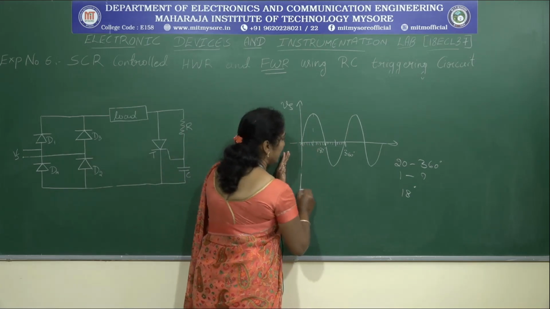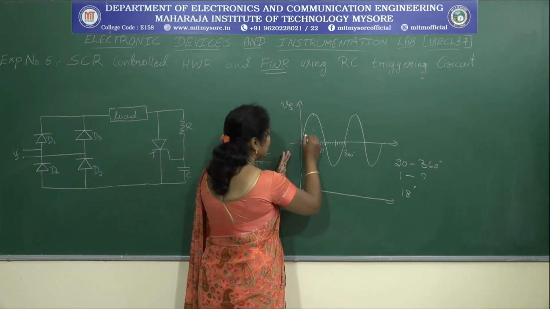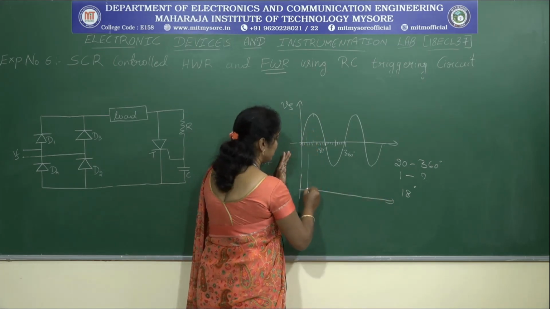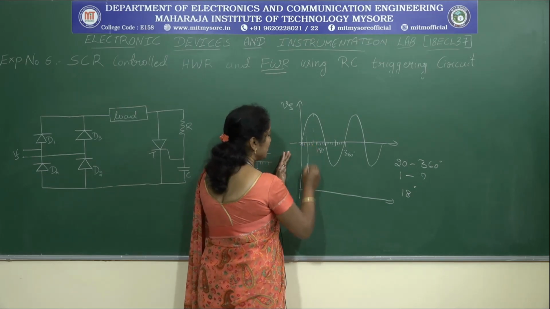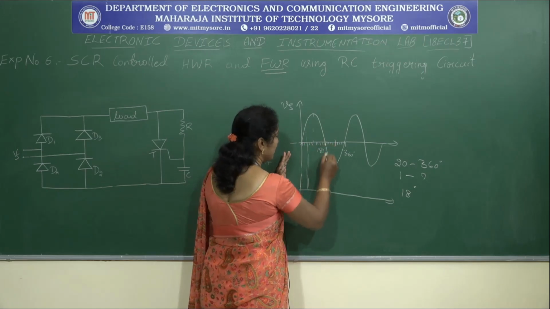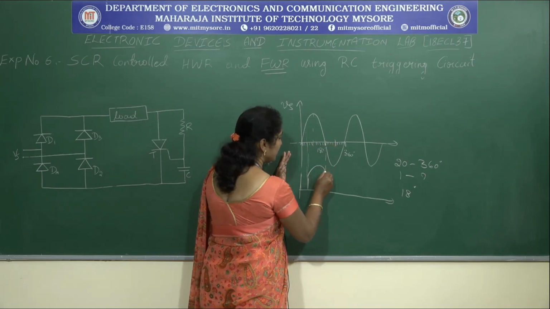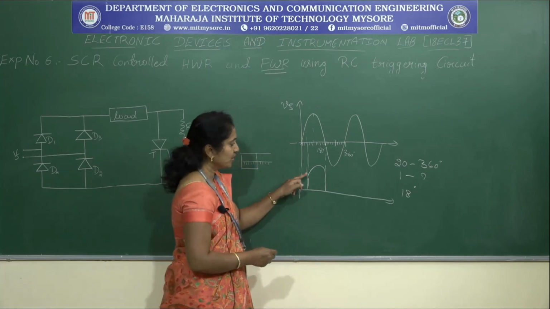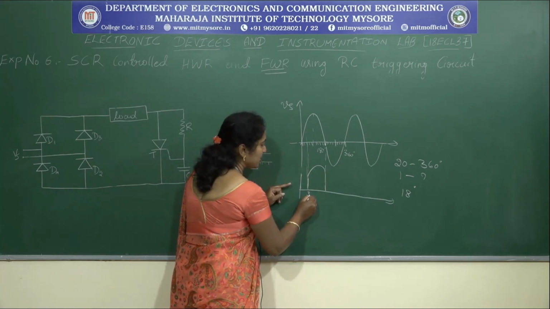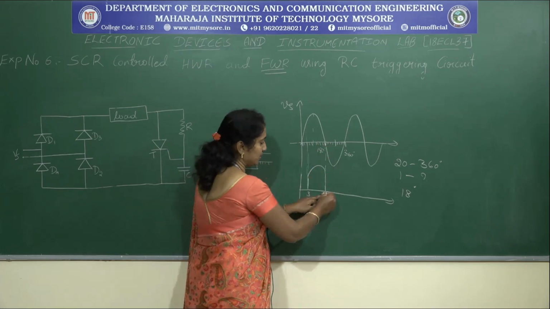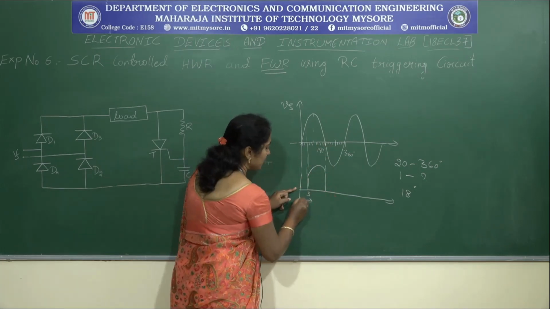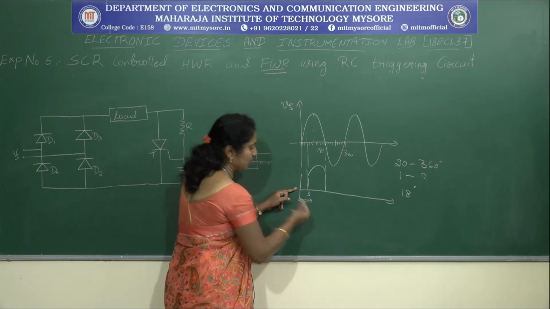Suppose your firing angle starts from this point. It is the 1, 2, third division where it has started, and this is your output. So the third division it has started and it has ended at 180 degrees. So 3 divisions you got, this is your alpha.